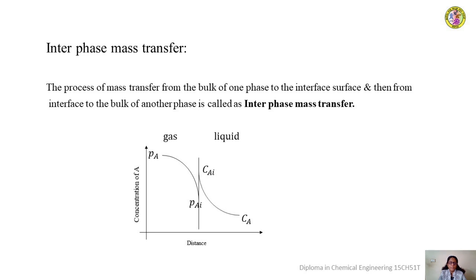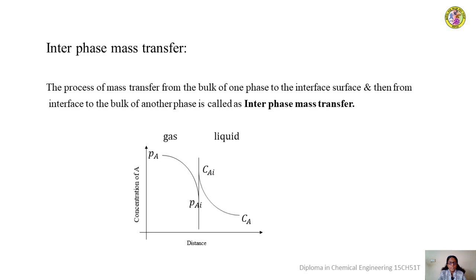It dissolves the required component from the gas phase, thereby separating that component from the gas phase. So there is a transfer from gas phase to liquid phase. That transfer requires that a concentration gradient exists in the direction of transfer, that is, from gas to liquid phase.